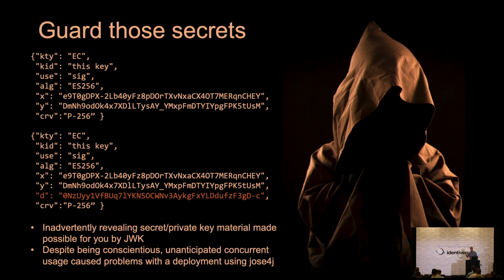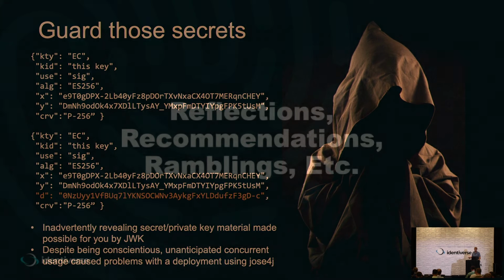And if a concurrent thread was reading that object to publish it, that flag was at the object level, not the particular operation level. So unanticipated concurrent usage caused this very sort of problem, where private keys were being published online. So despite even being aware of the possibility, there was still a key leakage. It was very rare, we caught it quickly, but it happens. There's a better model for it now, but it was a learning that I went through.